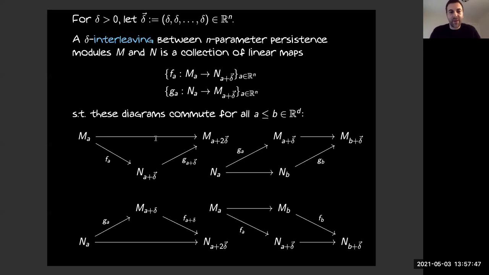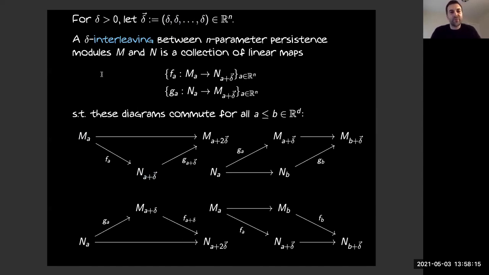And these maps go to the same index, but with a shift. So if you're at vector space M_a in M, then you map to what I call a plus delta arrow, where delta arrow is the vector in R^n, each of whose coordinates is delta. So we shift forward uniformly in every coordinate direction. And that's how we define interleavings.